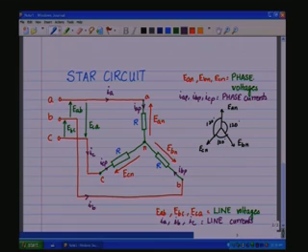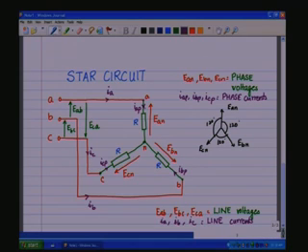So, we have the phase voltages, phase currents, basically the voltages across each load phase, and the currents through the phases, they are called the phase currents, and the line voltages, the voltages across the line, this is the line, the source. So, you have EAB, EBC and ECA as the line voltages, and the currents which are flowing through the line are called the line currents IA, IB, IC.